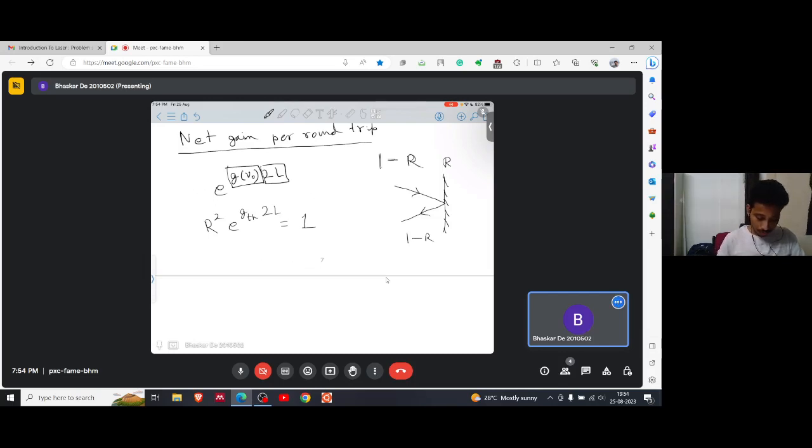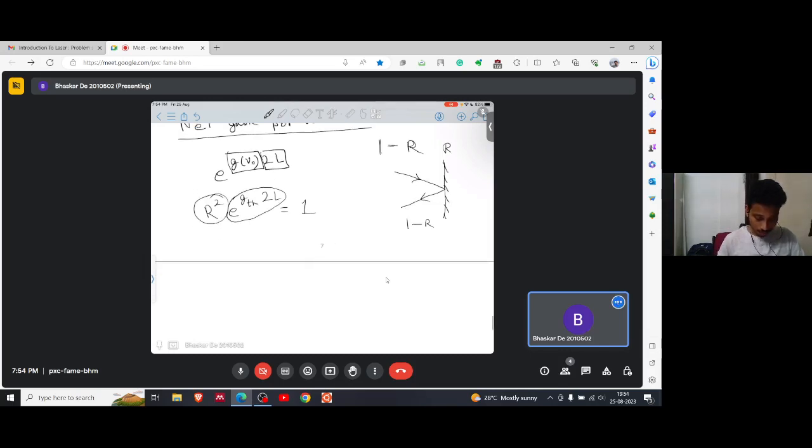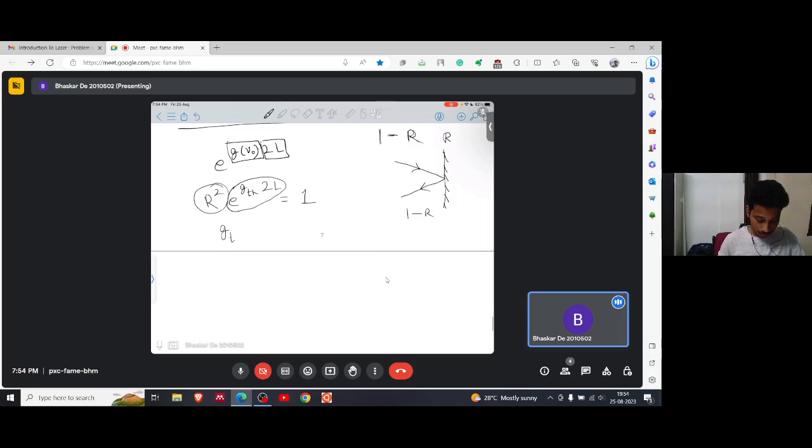So what's happening? This is the gain and this is the loss. So for the simple situation, these two are actually compensating each other. Then r square multiplied by e to the power g th 2l equal to 1. Then we can calculate g th equal to 1 by 2l ln 1 by r square.